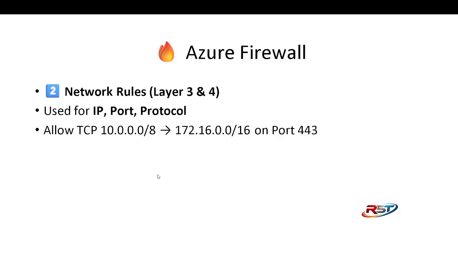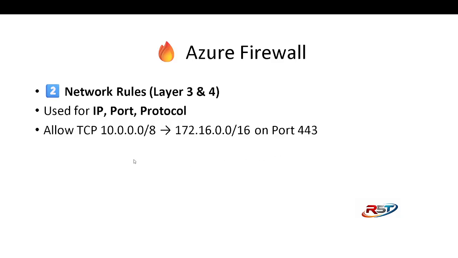Network rules. These rules work on layer 3 and layer 4, used for IP, protocol, and port. For example, allow TCP from 10.0.0.0/8 to 172.16.0.0/16 on port 443.